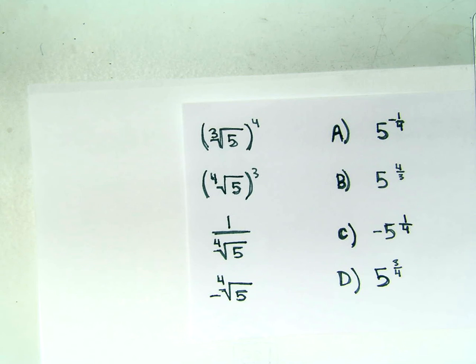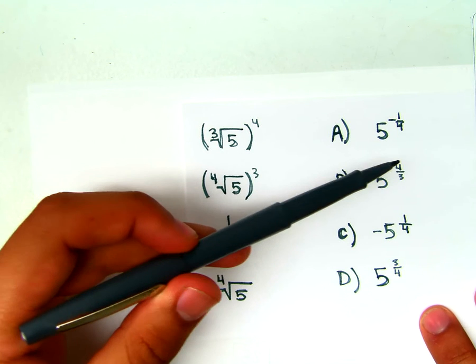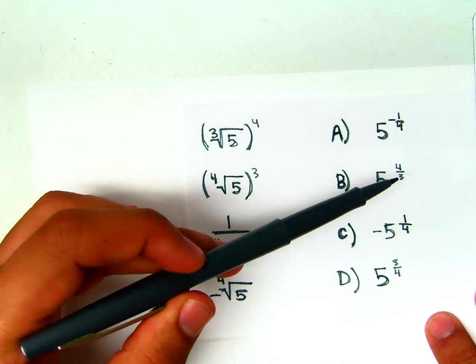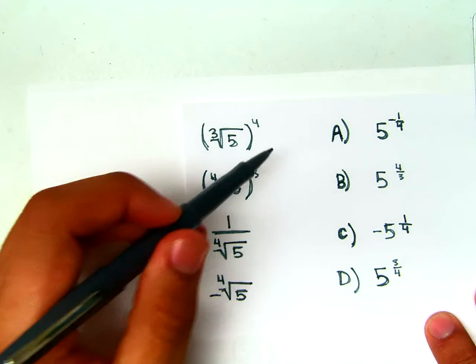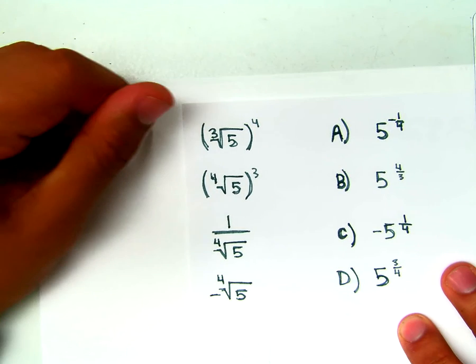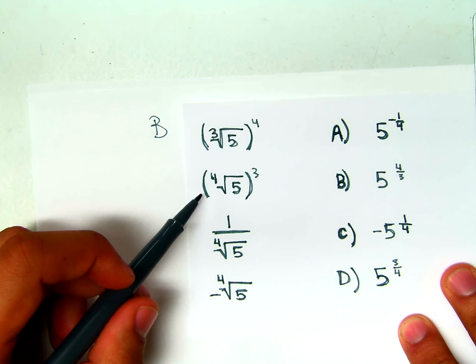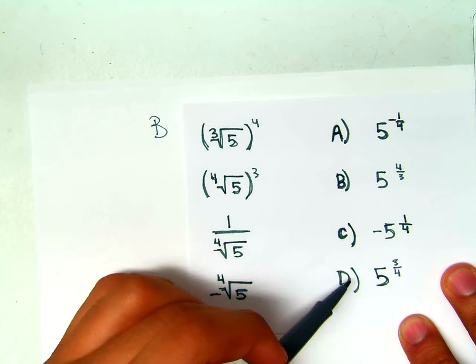The numerator being the power and the denominator being the root. Okay, so we have B and D. So here if we look at B, 4 is the power and 3 is the root. 3 is in the denominator, 3 is the root. So which one is it? B. Okay, so now let's look at the second one. Which one? D. Okay, yes, 3 is the power, 4 is the root. So the second one goes with D.